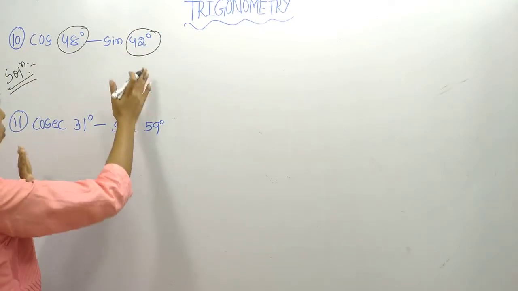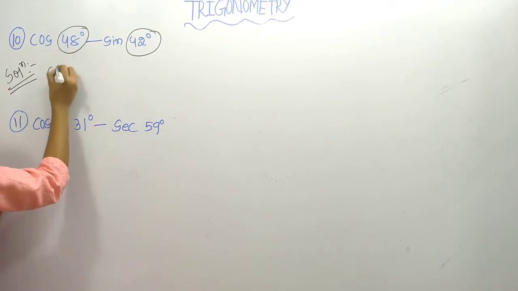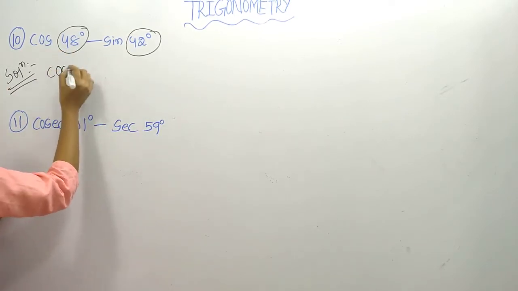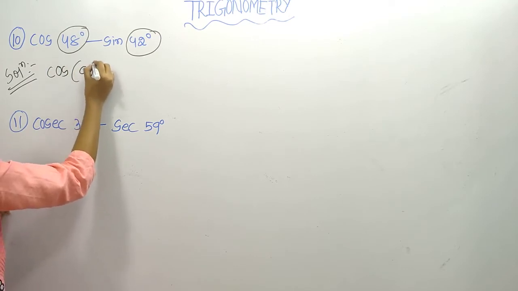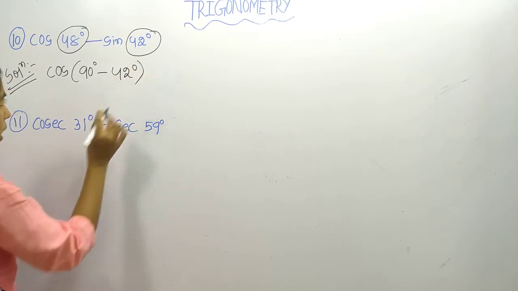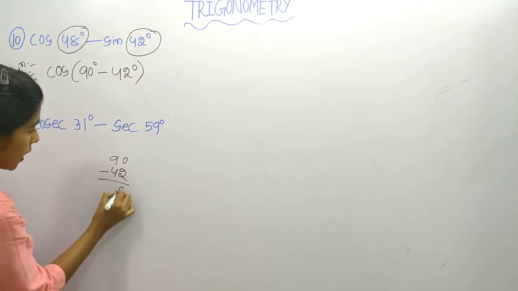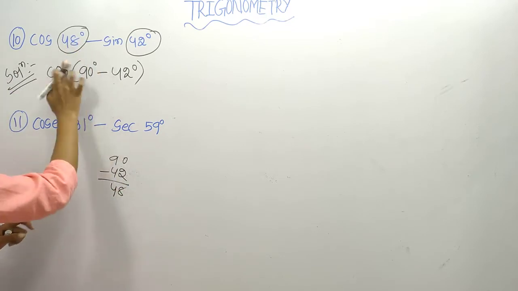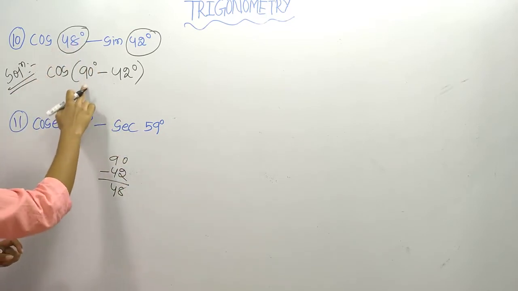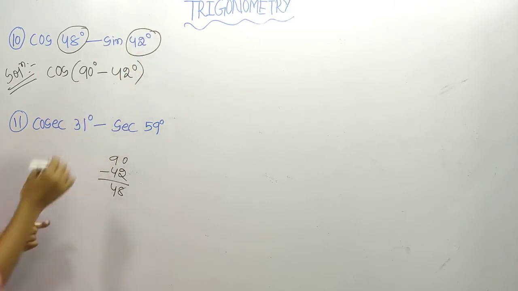So we have to make the degrees equal. So here: cos of 90 degrees minus 42 degrees. Check 90 minus 42, that is 48. So instead of 48 we have written 90 minus 42, because we need 42 degrees.